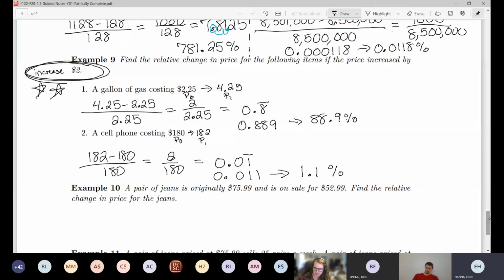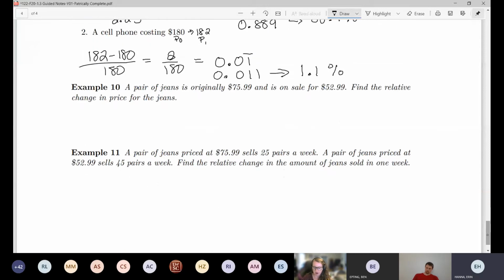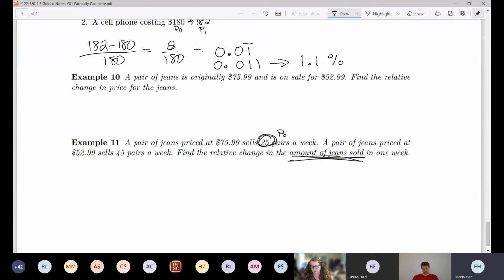Okay, so we've got these last two, and I'm going to sit in awkward silence for about 2 minutes while you try them. One thing I'll say on example 11, it's asking about the amount of jeans sold, and we're going to take the original price to be the original sale amount as well. Then we'll go over them, and then we'll move on to 1.4. The 1.4 blank notes are already on Blackboard if you also want to be pulling them up.